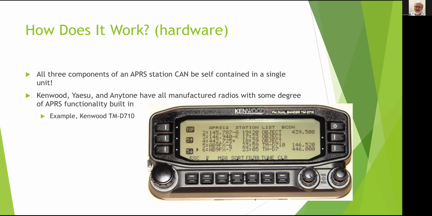In fact, I think the fire department owns 3 of them, somebody said. 2 of them are not currently in use. Kenwood, Yaesu, and Anytone have all manufactured radios with some kind of APRS functionality built in. Some of them are more functional and capable than others, okay? I haven't seen or heard of any ICOM radios that have APRS built in.